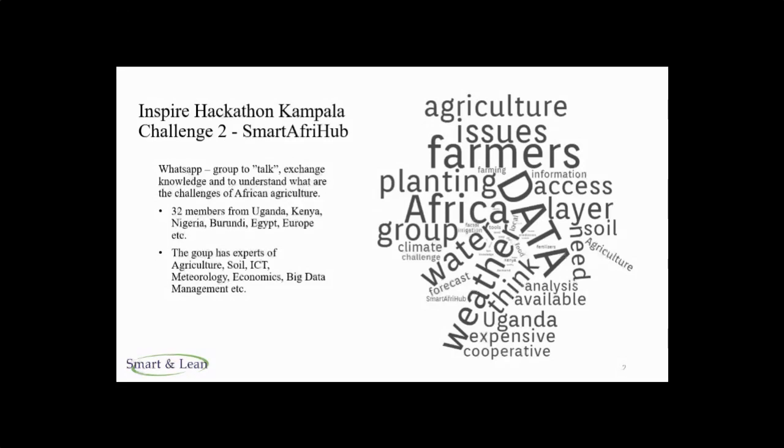But eventually it appeared that the WhatsApp application was the best one. And we used that. This is our way to talk. So fingers have been working a lot during the last month. The WhatsApp group was established at the end of March, and since then many people have been joining us. We now have 32 members in that WhatsApp group, and it's growing every day.